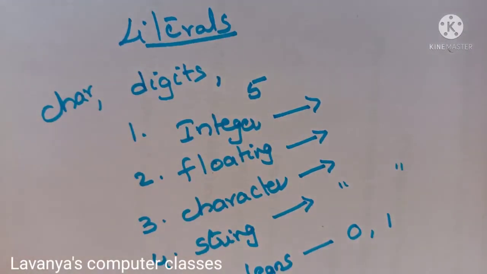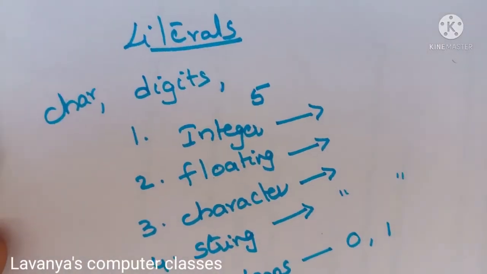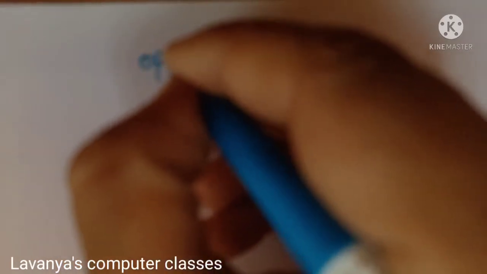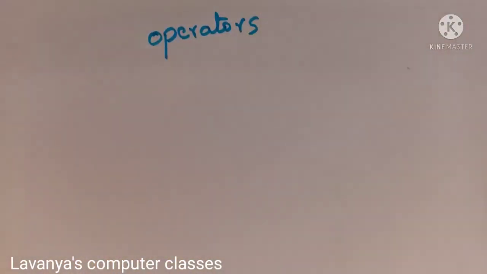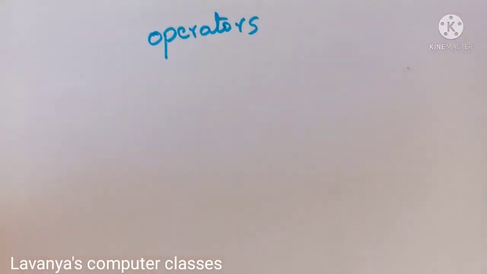Next one is operators. I have already done so many videos on operators. So what is an operator? An operator is a special symbol used for performing some task. Everything on how many operators there are is already in those videos; I will give the link in the description.